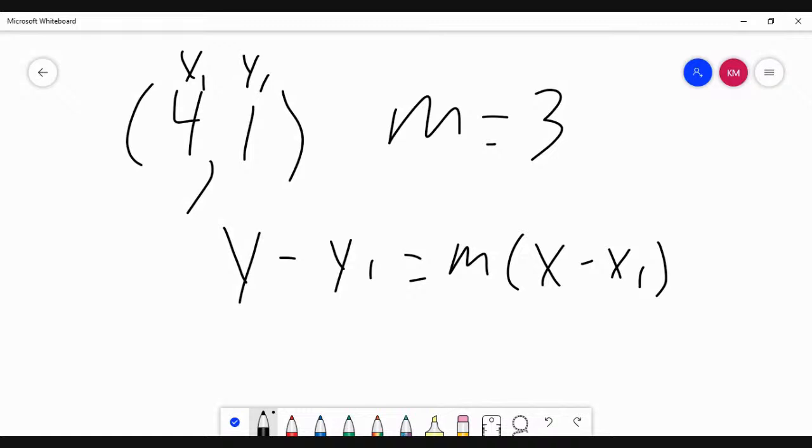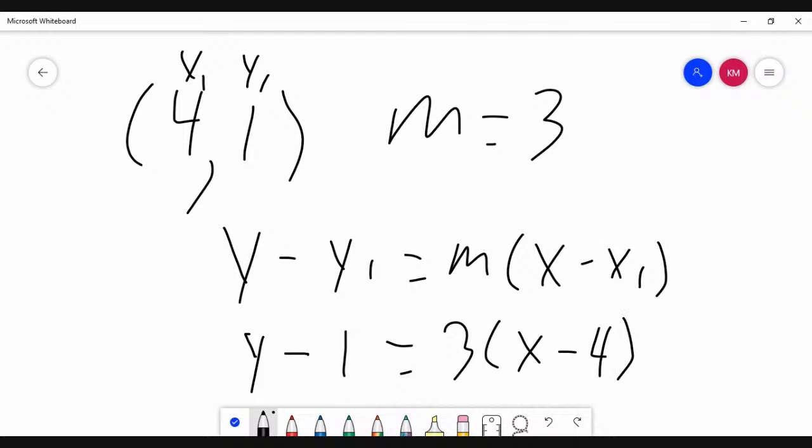Now, substitute: y minus 1 equals 3 times x minus 4.